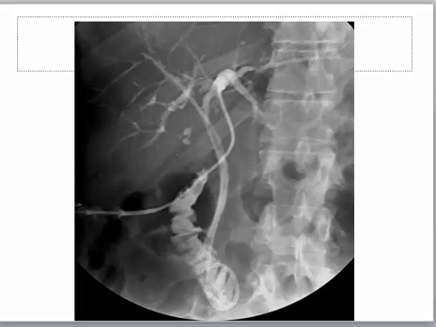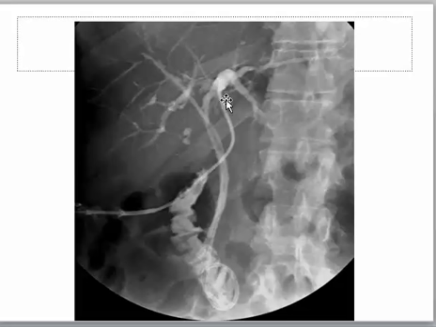This is an examination for the biliary system, and here you can get the tube, and there you can find that there is a stent here and another stent there.